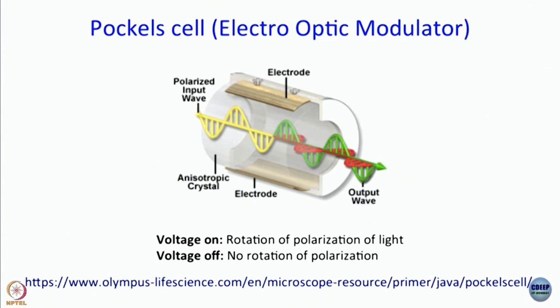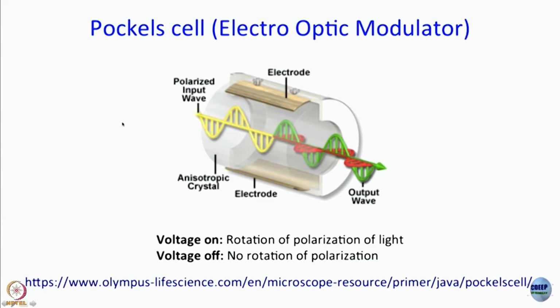To put it very simply, a Pockels cell is a nonlinear optical medium, where you have a window through which light enters, and then in a direction perpendicular to the propagation of light, you can apply an electric field. There is something called the Pockels effect, we will not discuss it here.